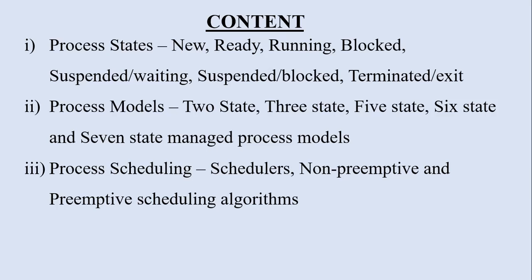Number 2, we are going to look at the process models, and our attention will be focused on the 2 state, 3 state, 5 state, 6 state, and 7 state process models. Lastly, we are going to look at process scheduling, where we are going to look at the various types of scheduling algorithms, which include the non-preemptive and preemptive scheduling algorithms.